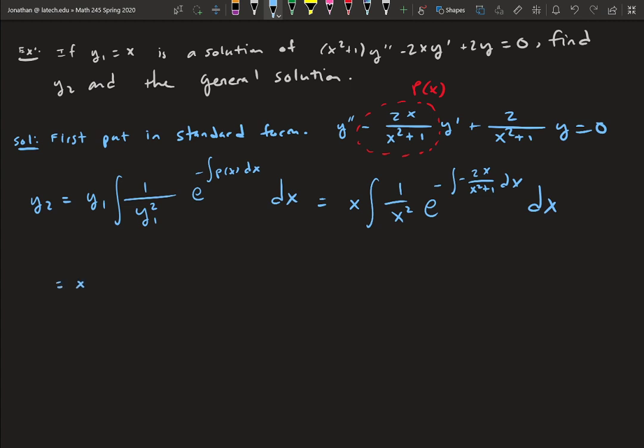This is going to be x times the integral of 1 over x squared e to the integral of 2x over 1 plus x squared dx.